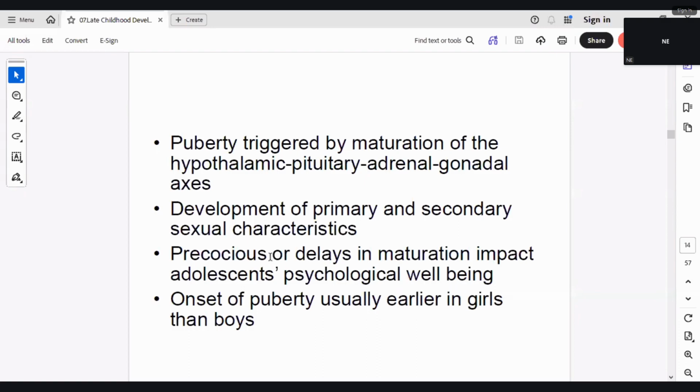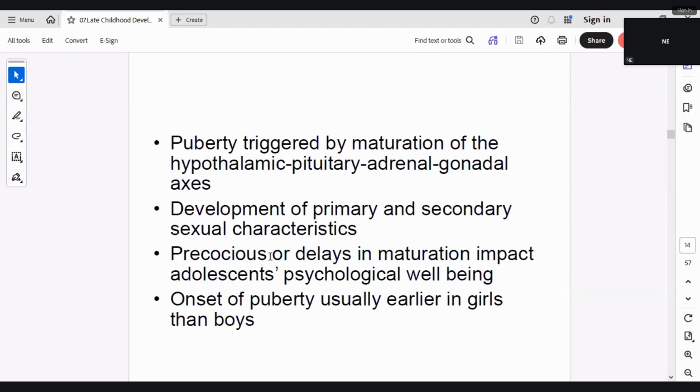So if you have precocious puberty, a 9-year-old girl who has her period in grade 4 when nobody else has their period, and she's going to need to cover, and again, for girls, it becomes something that a lot of them could be worried about, if they get their period and nobody else has.